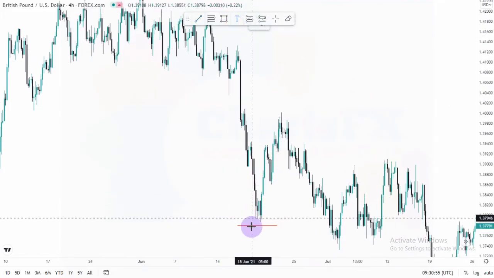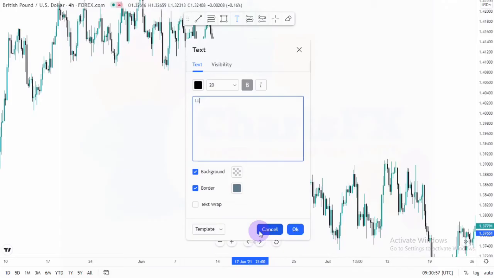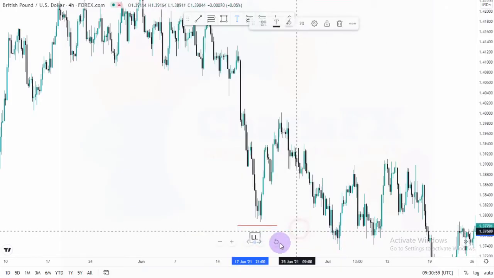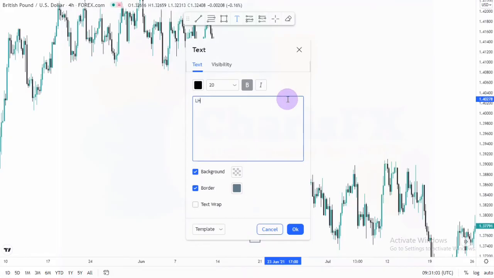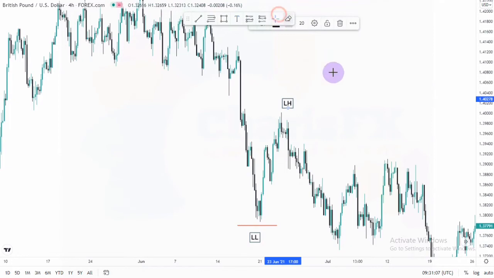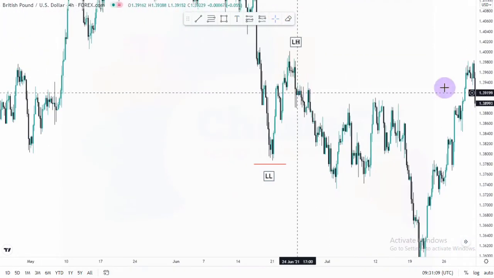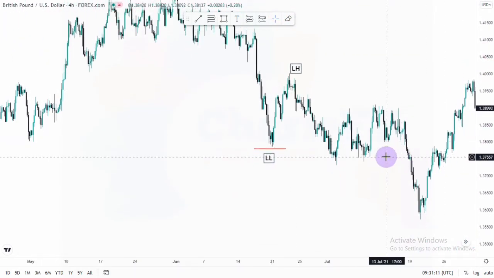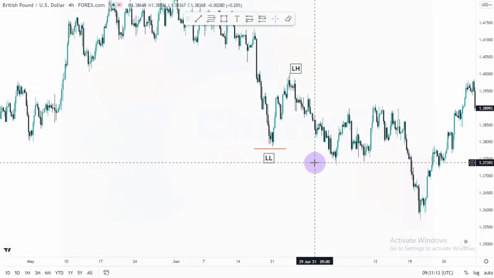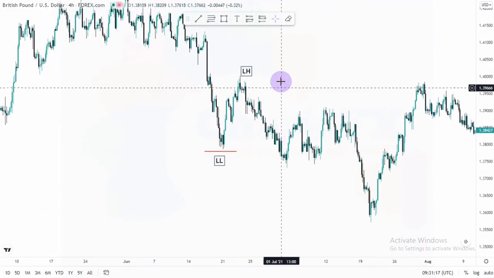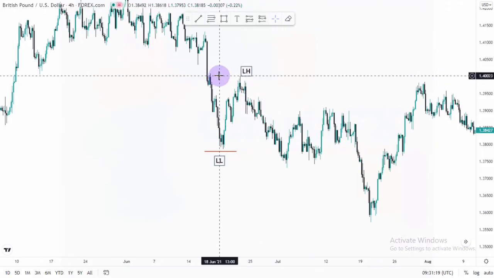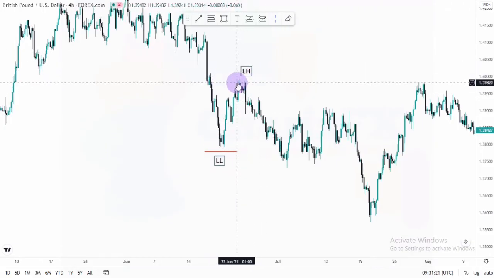You can label this as your low, and then price retraced to form lower high. So just the same way, the reason why this is called lower low is because each low formed is lower than the previous low, and each high formed is lower than the previous high.